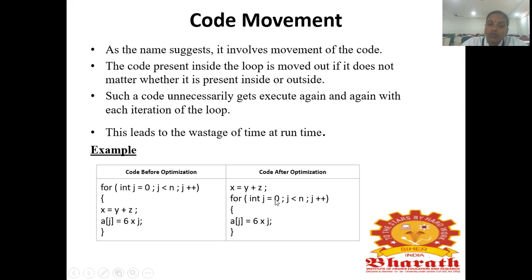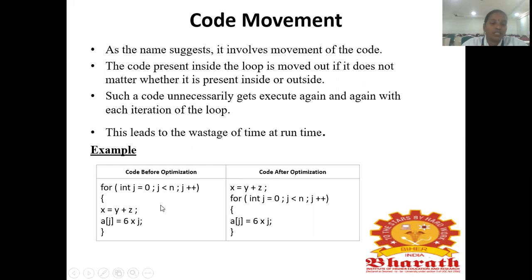After optimization, what will you do? This variable can be declared before the loop. So the x, y, z values can be used by whatever programs need them. For example, program 1 and program 2 can both use the same variable with the same value, which can be easily accessed after optimization.